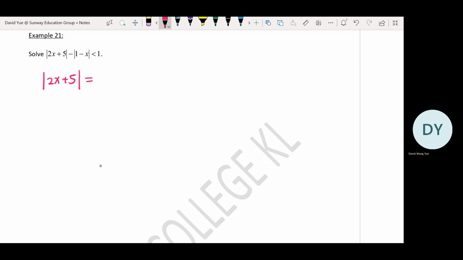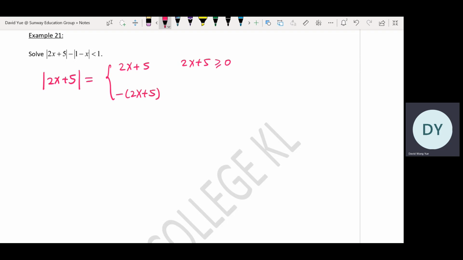So I need to figure out when the absolute value of 2x plus 5 is just 2x plus 5, and when it is negative 2x plus 5. When 2x plus 5 is more than 0, the absolute value is itself.